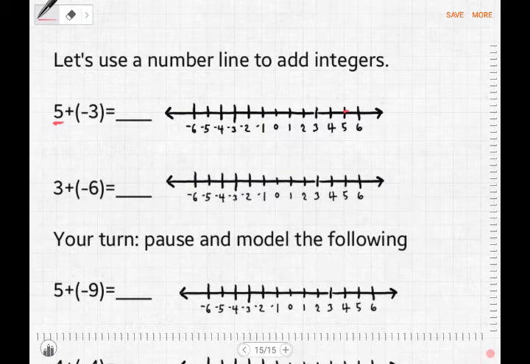So I'm starting at 5, and I'm going to add negative 3. So that's 1 to the left, 2 to the left, 3 to the left. And my answer is positive 2. Okay, so 5 plus negative 3 is positive 2.